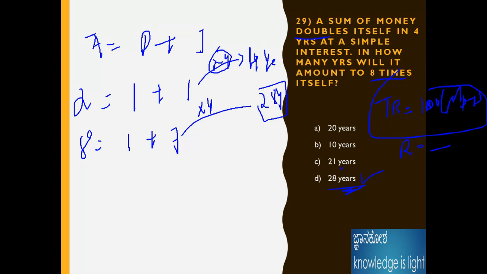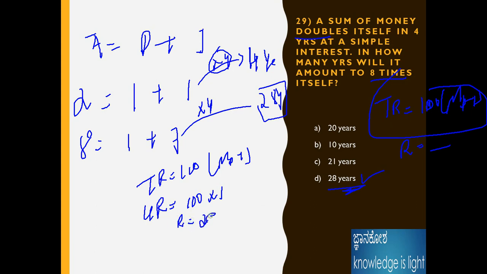Or else apply this at T is equal to 100. I can solve MP minus 1. Initially it was given as 4 years. 4 years means 100. Double means 2 minus 1 is 1 only. R is equal to 25% initially. Then 8 times gives the answer. Therefore 25 is the term. We need to calculate the term: 100 into 8 times, which is 8 minus 1, is 7.